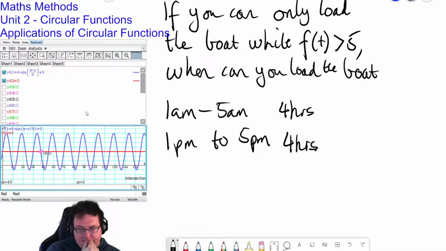All right. So the initial context of the question is X or T is hours after midnight Monday. And I've got here X is 45. So what does that mean in the context of the question? All right, that's 45 hours after midnight Monday.